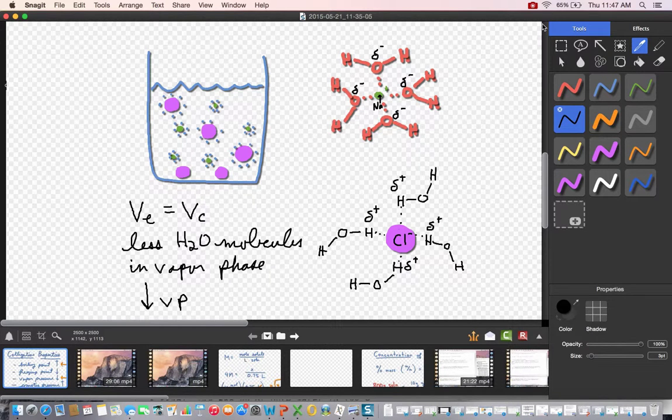The boiling point of a compound is the temperature at which the vapor pressure is equal to the external pressure.